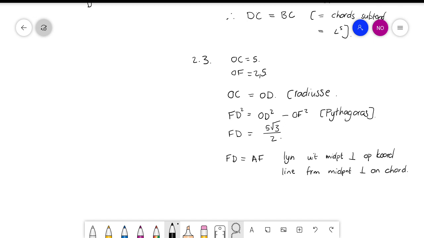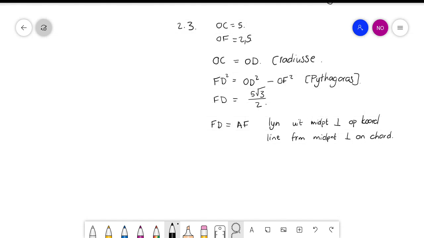And because those two are equal, the line AD will be equal to 5 root 3. Okay, so you had to add that radius as a reason, everything in now. To get that mark, you got a mark for that, you got a mark for this reason, and you got a mark for your answer.